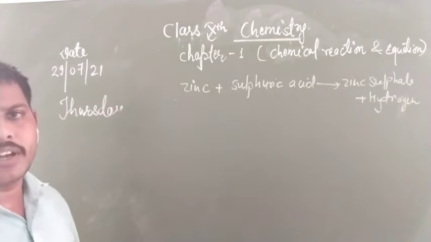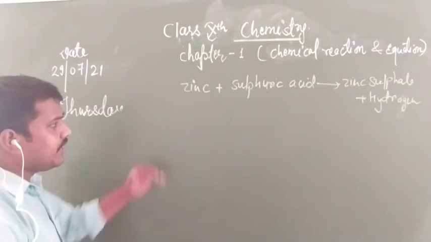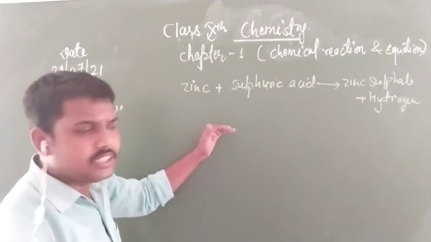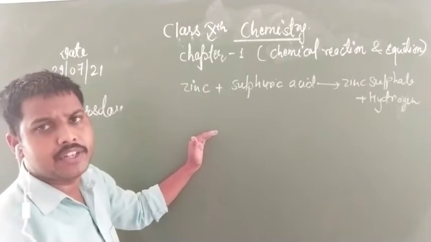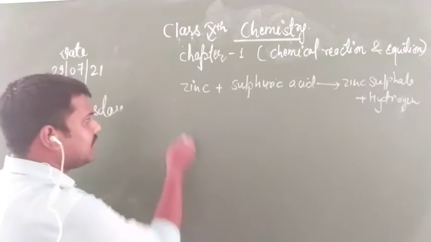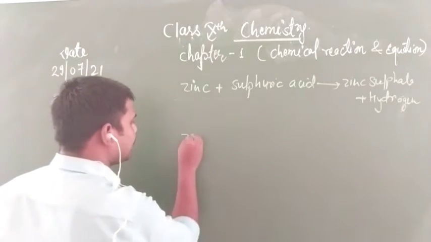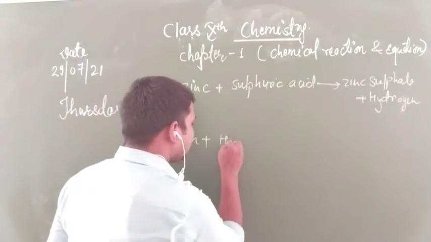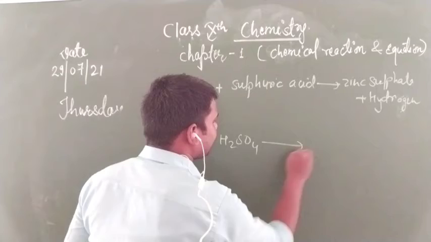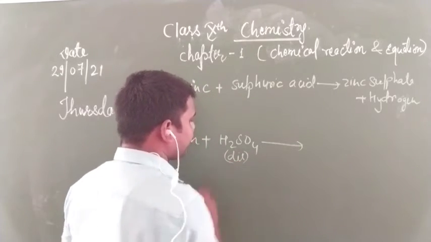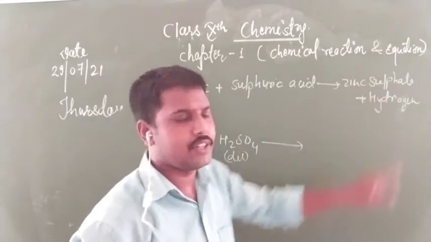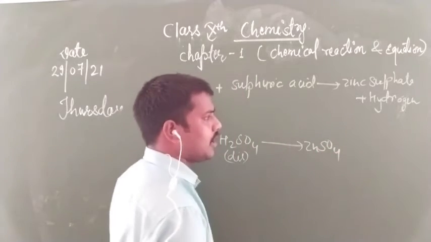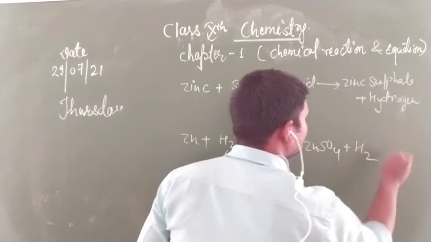Now I will express this word equation in symbols and formulae where required. The symbol of zinc is Zn. The formula of dilute sulfuric acid is H2SO4. The formula of zinc sulfate is ZnSO4 and hydrogen gas is H2.